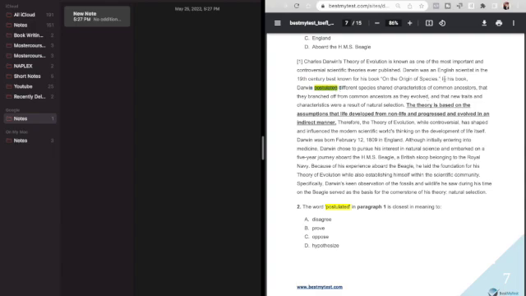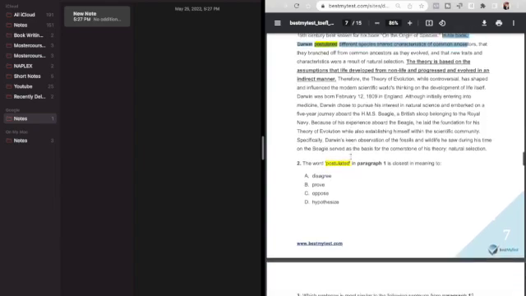So I think if I put in the words Darwin proposed or Darwin thought, this would give the sentence the same meaning. So let's make an answer in our head, something like Darwin proposed or Darwin thought. Now we're going to go ahead and look at the answer choices.